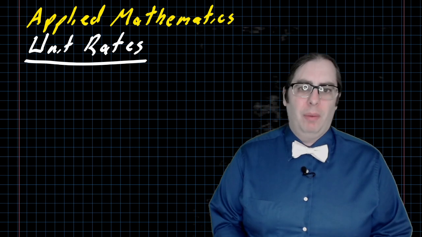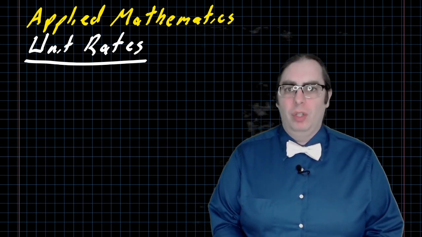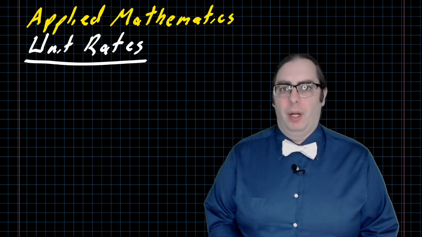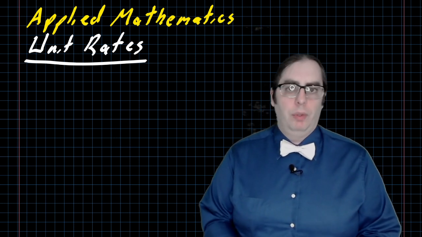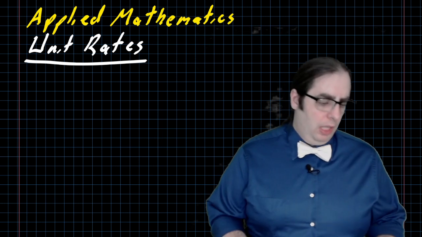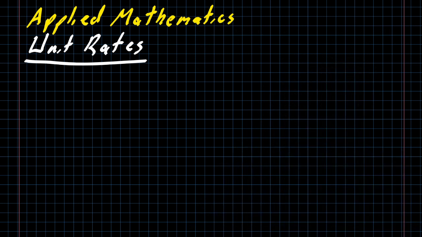In this video, I wanted to talk about unit rates, which are probably one of my favorite problem-solving features. Unit rates are closely related to proportions. Thinking, for example, about the rate at which someone is typing.